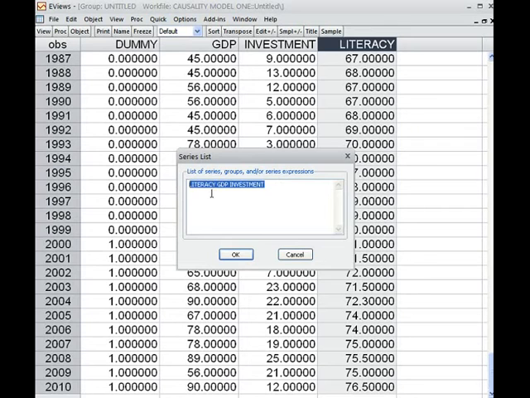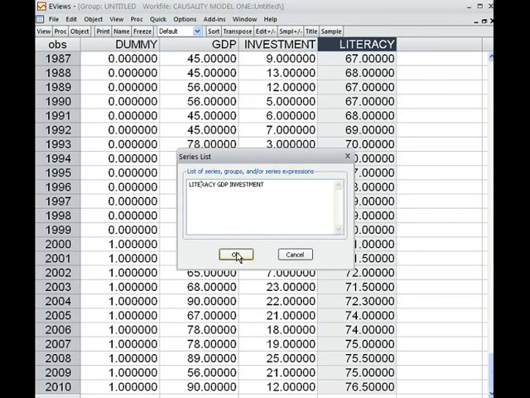We assume these three variables are non-stationary right now, but if I convert them into first difference, they will become stationary.